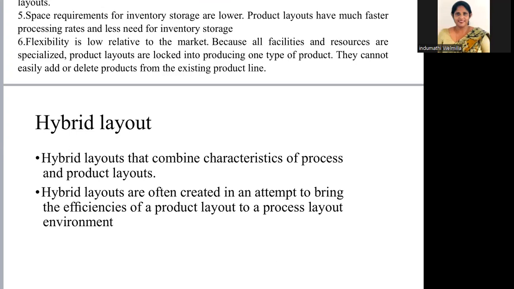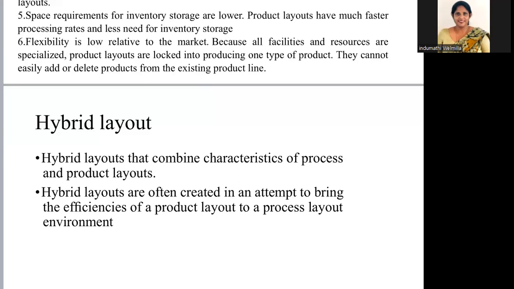Anyway, this hybrid layout is very common, right? Further we can say this: the hybrid layouts are often created in an attempt to bring the efficiencies of a product layout to a process layout environment.